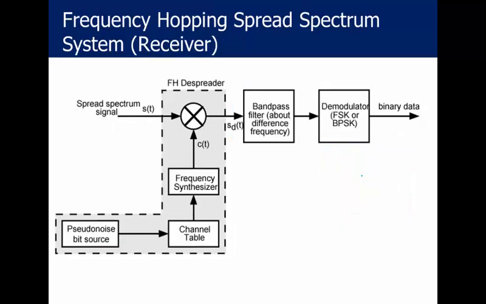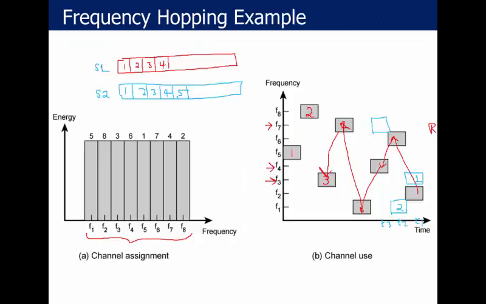At the receiver side, it's in reverse order. When data comes in, the first thing we need to do is despreading. Frequency hopping despreading. So what happens here?